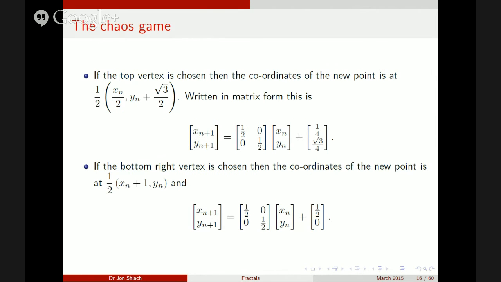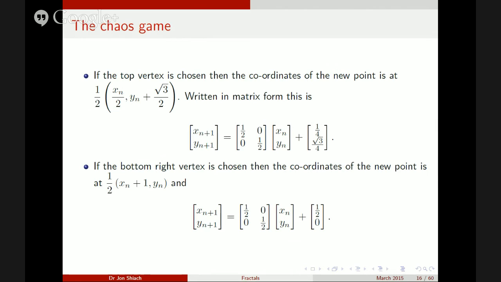If you chose the top vertex and you're currently at x_n, y_n, the point halfway between your current location and the top vertex is at these coordinates. Written in matrix form, we have your transformation matrix plus some vector. Note that the square matrix here is the same for all three choices.